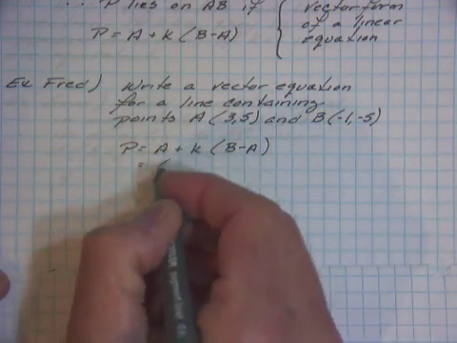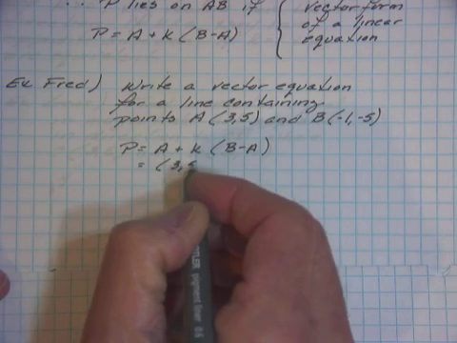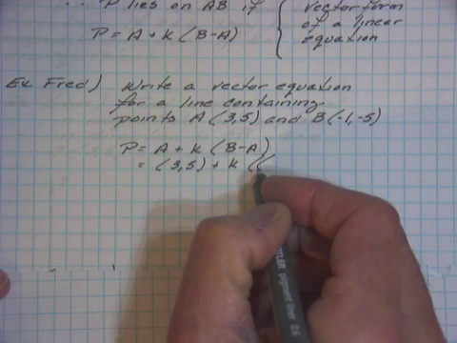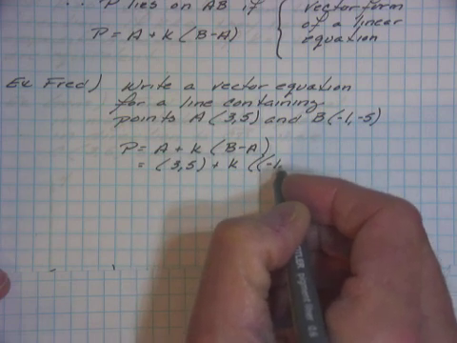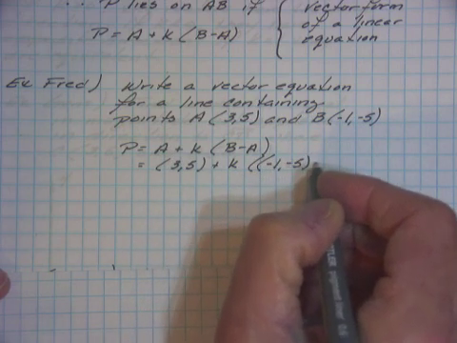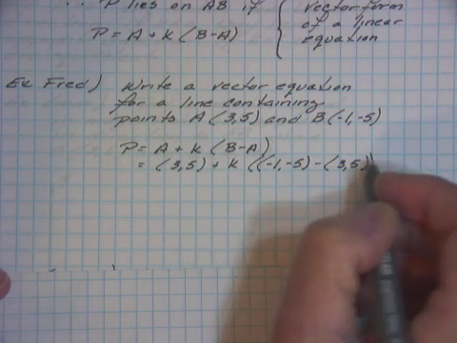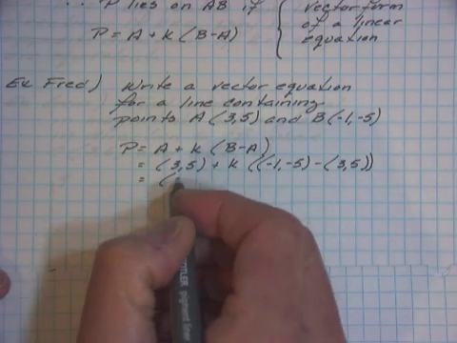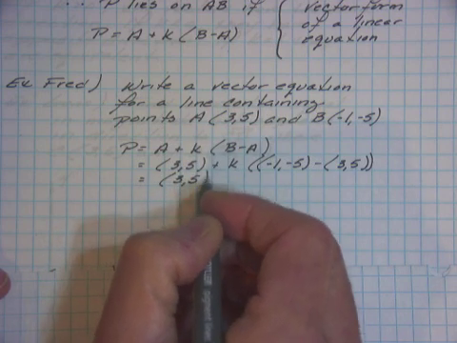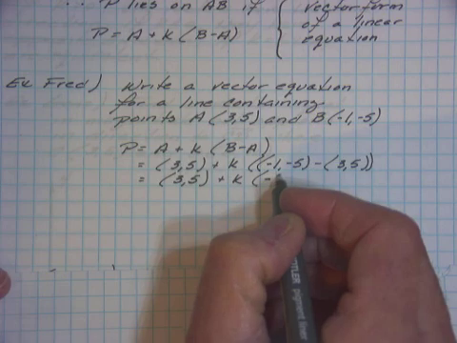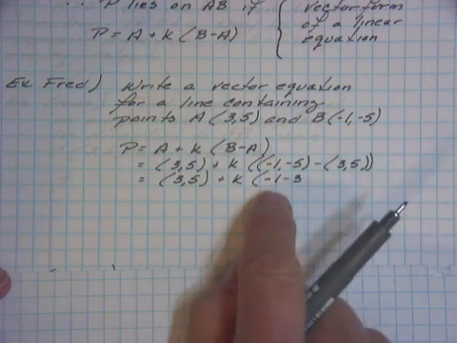So we just take point A at 3, 5 plus K times, and we've got -1, -5 minus 3, 5. So that is 3, 5 plus K times -1 minus 3.